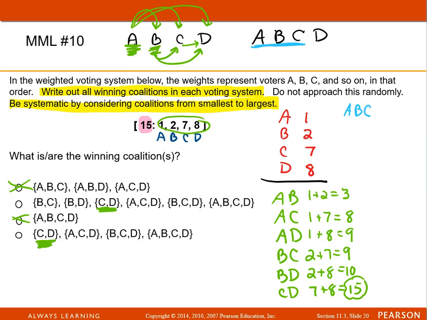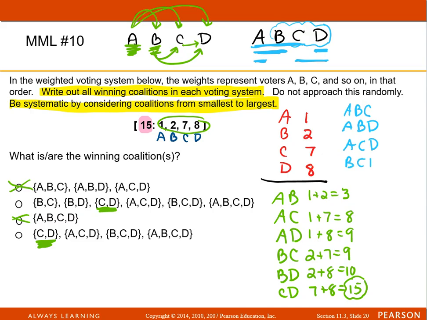And then I went A, B, and D. And then I went A, C, and D. And that takes care of all the triples involving A. So the only triple you have left is B, C, D.